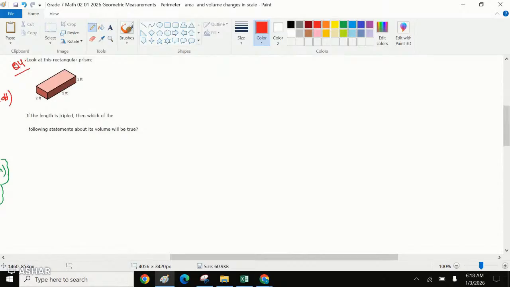If the length is tripled, it says the length is tripled only. Not all three dimensions are changing. So if we take this shape again, we copy this, and if the length is tripled, this shape would become something like this.